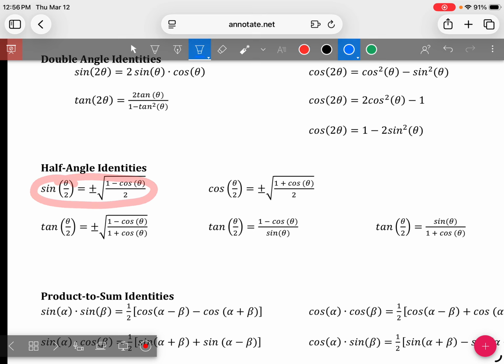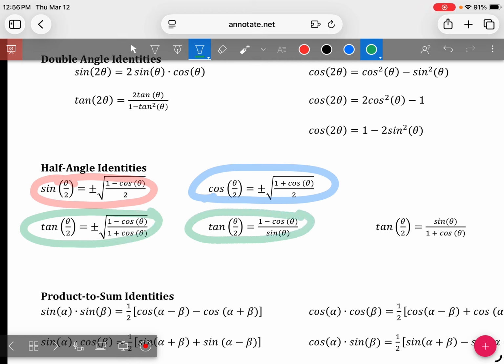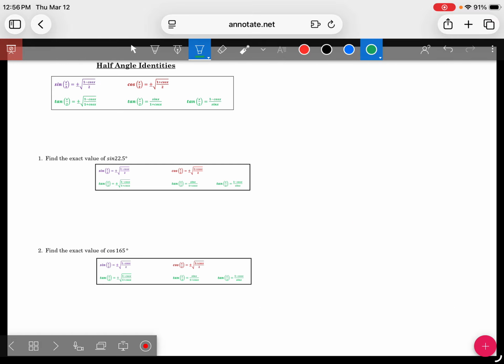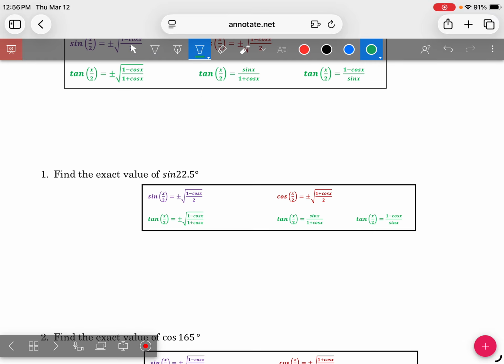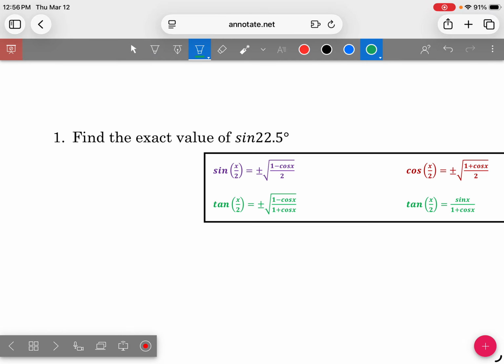And there is only one identity for cosine. But for tangent, we actually have 3 options that we can use, okay? So let's look at number 1 under our half angle identity.